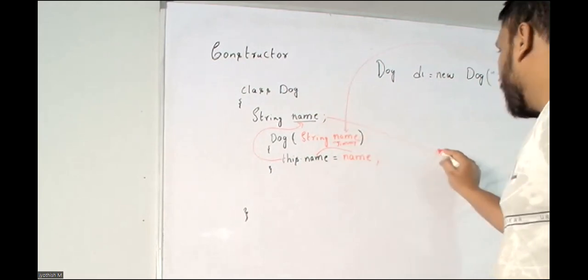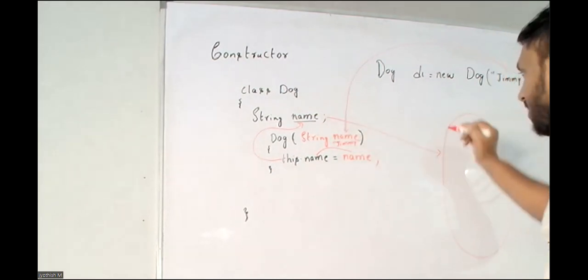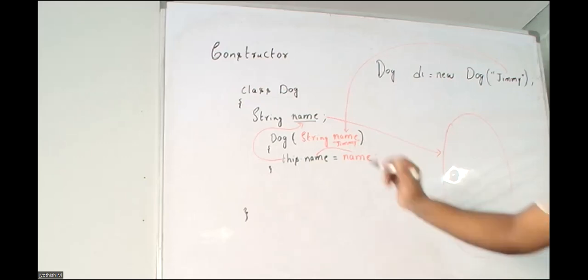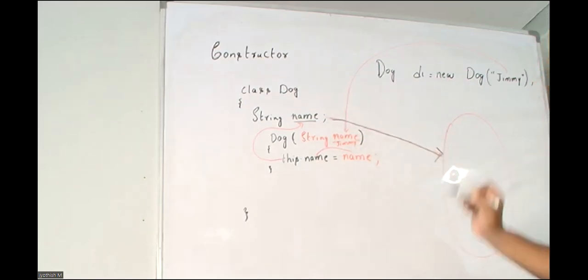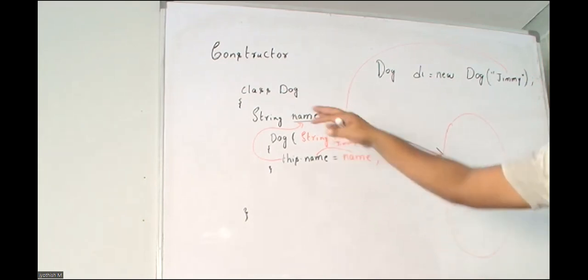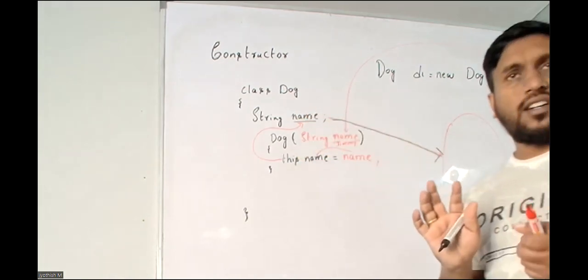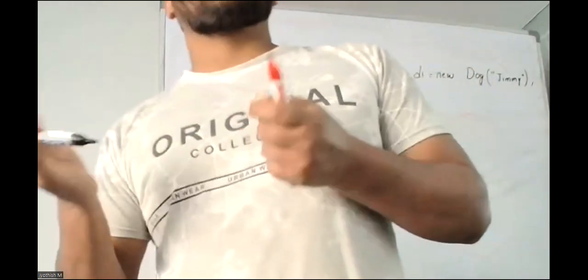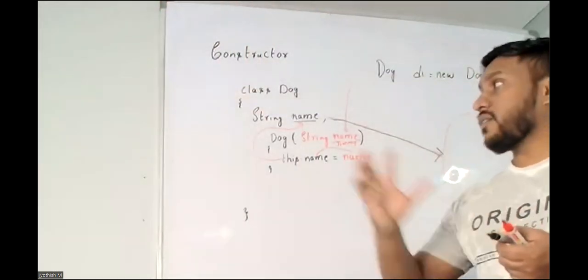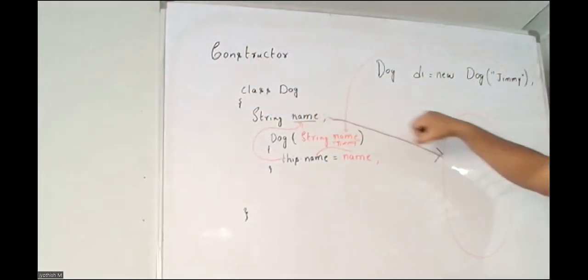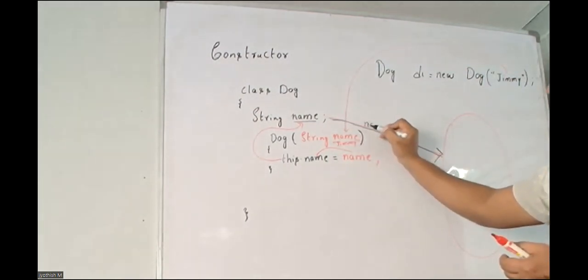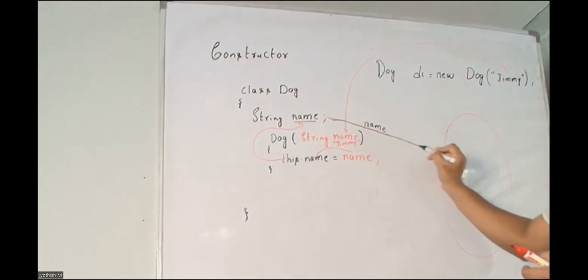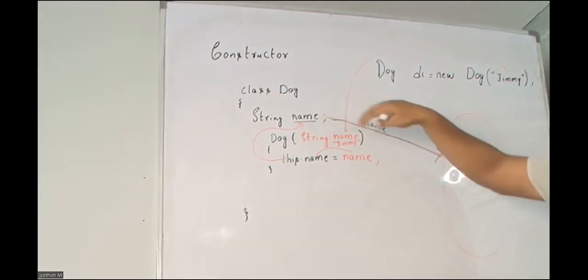Now, this value is about to go to the object, right? Yes or no? It is supposed to travel to the object. See, this non-static, what the constructor will do is collect all the non-static variables and push them. Those which travel to the non-static, meaning the object, are called current non-static variables.